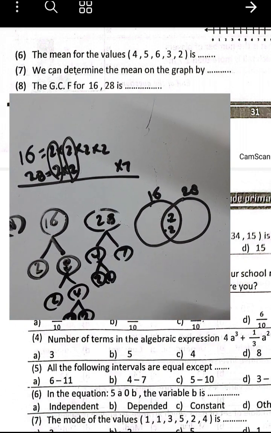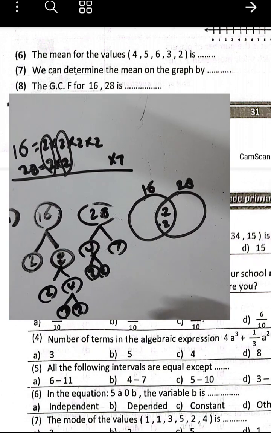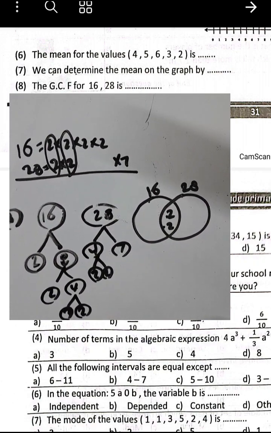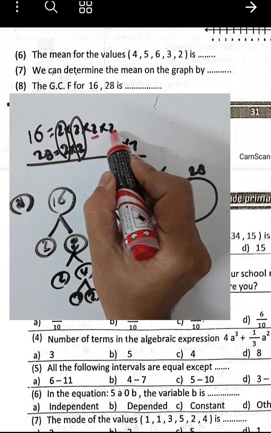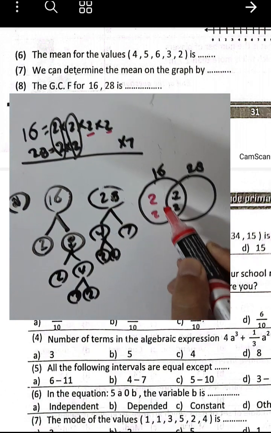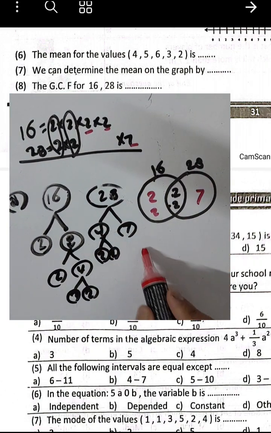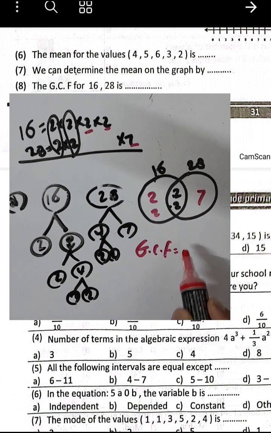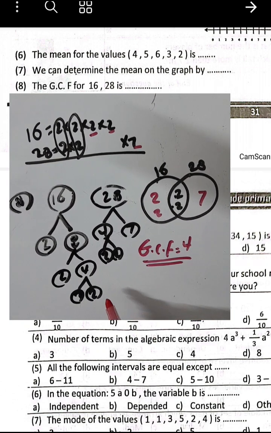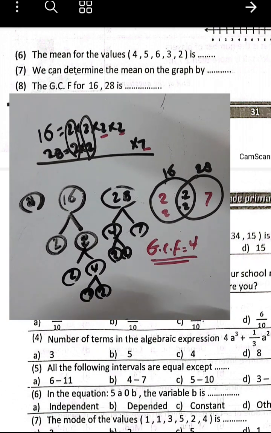And then we write the remaining factors: 2 and 2 outside here, and here 7. Then the greatest common factor will be 4. The greatest common factor between 16 and 28 will be 4.